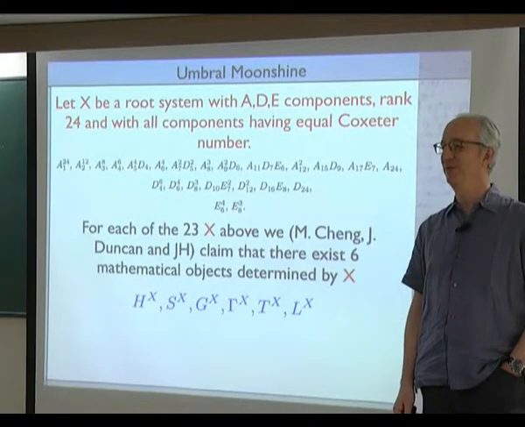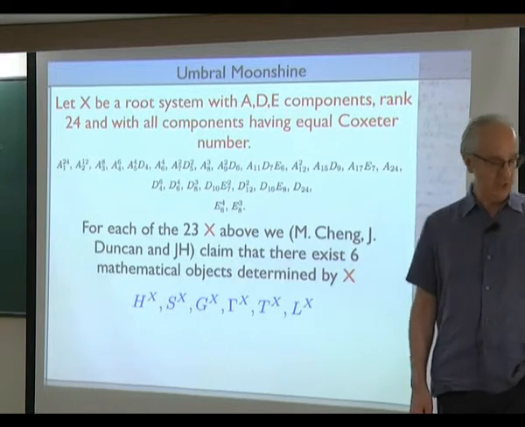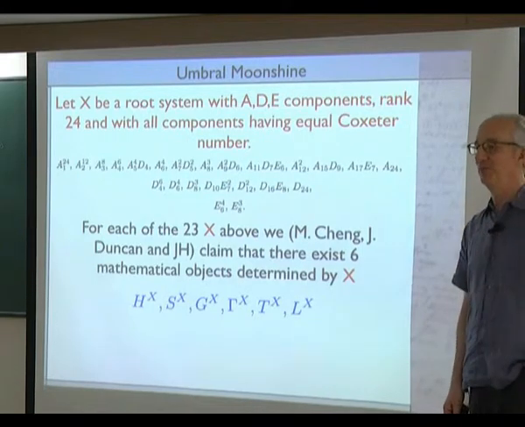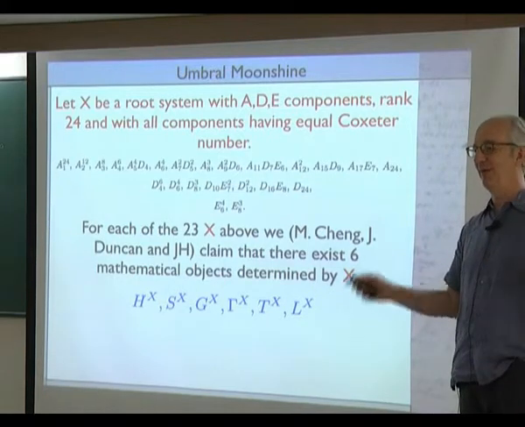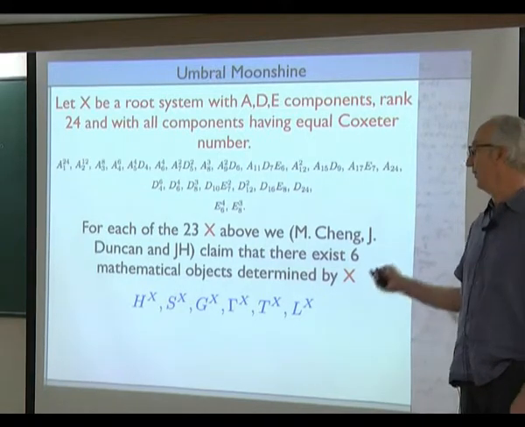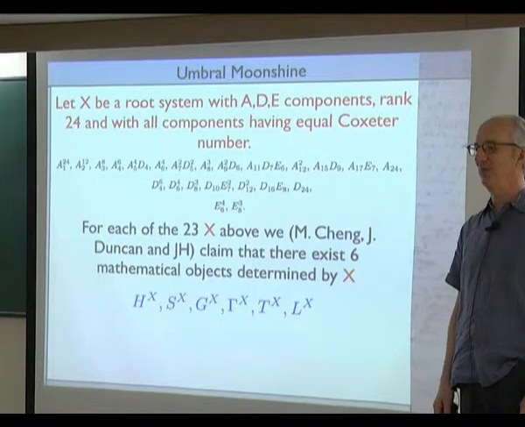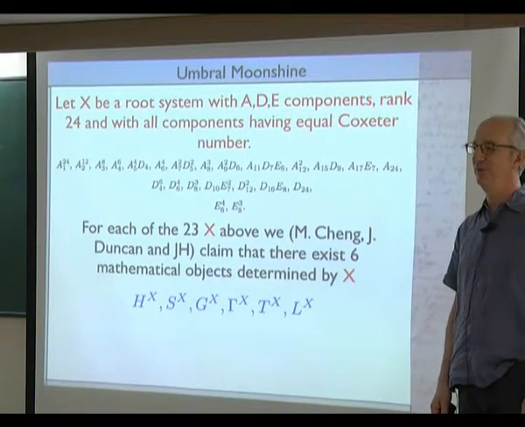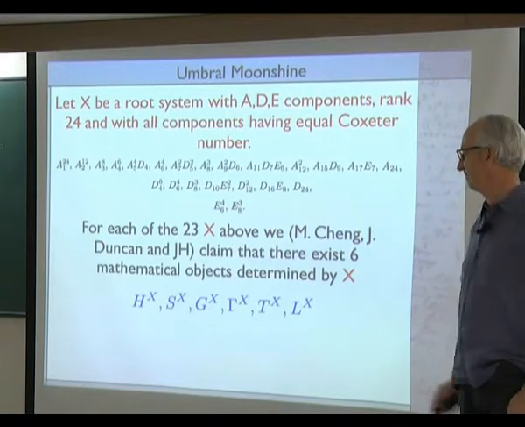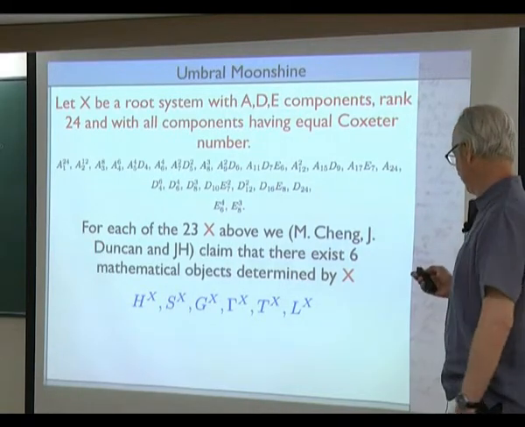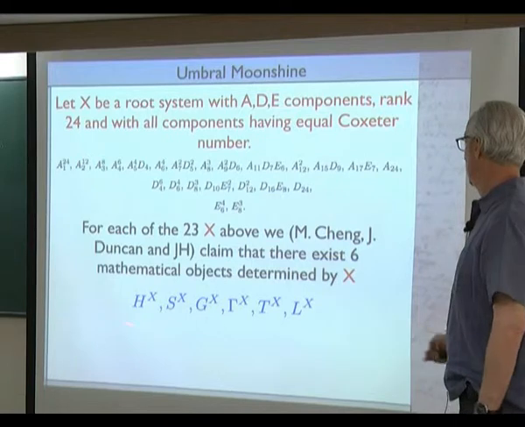So we omitted this possibility. But it's possible, as I'll mention later, that there are connections between Monstrous Moonshine and Umbral Moonshine. And I think it's certainly possible that in an eventual understanding of this story the Leech lattice should be included in some way, but we didn't feel that there was enough evidence to include it right now. So we don't. But I think that may be something for the future.